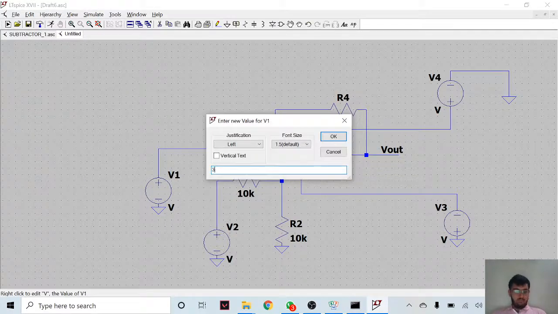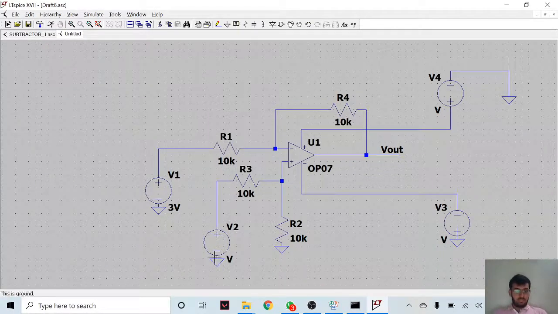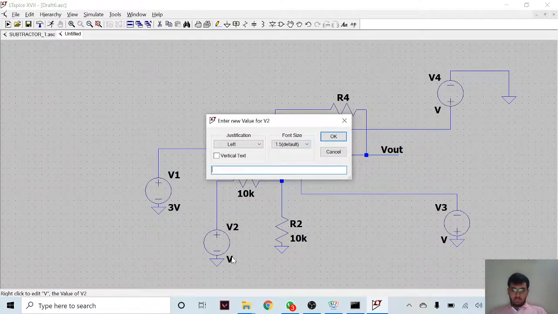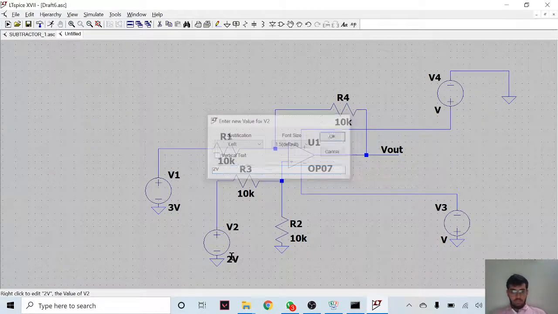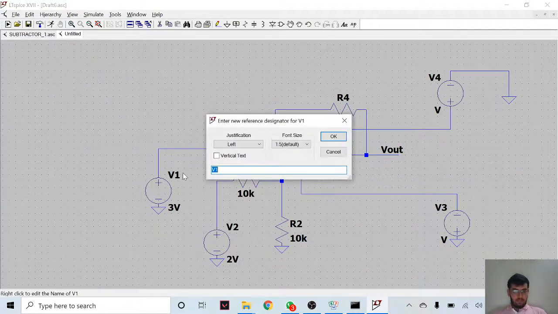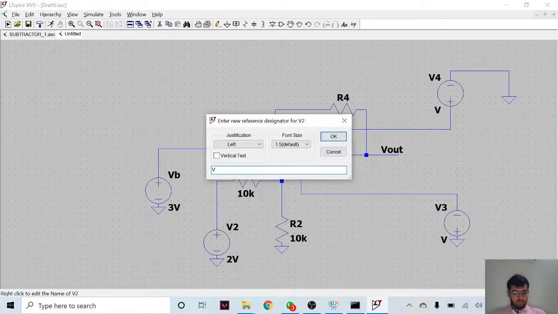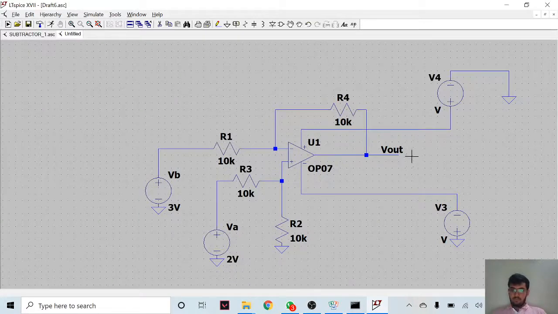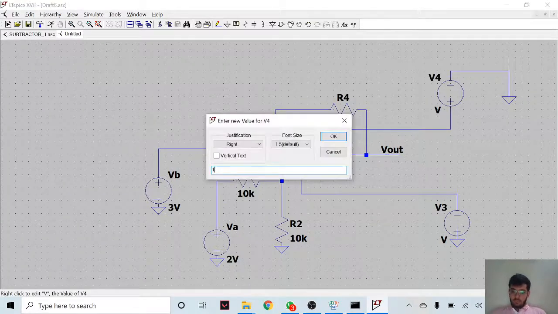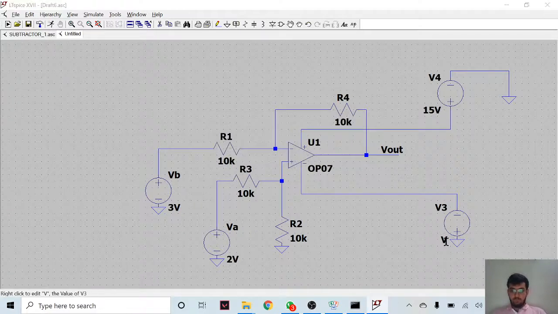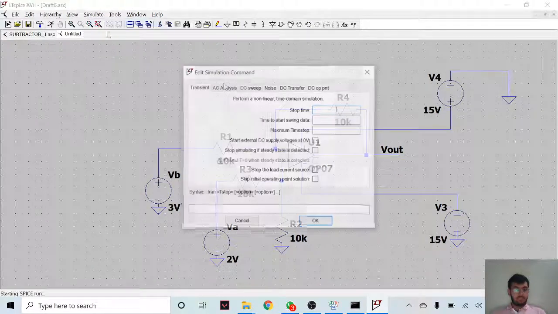We'll be supplying voltage value of 3 volts to VB and 2 volts to VA. We'll rename this as VB and VA. 15 volts to the op amp. Okay, so everything looks fine, and we'll simulate this.